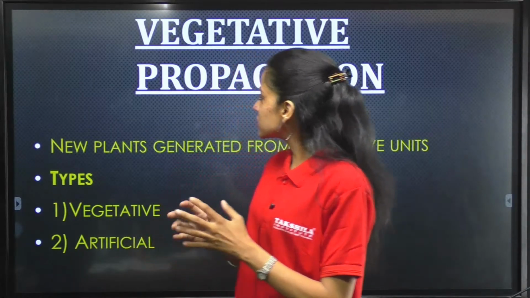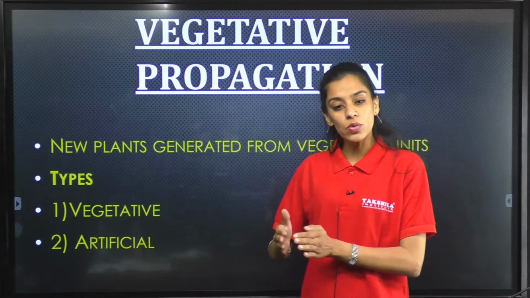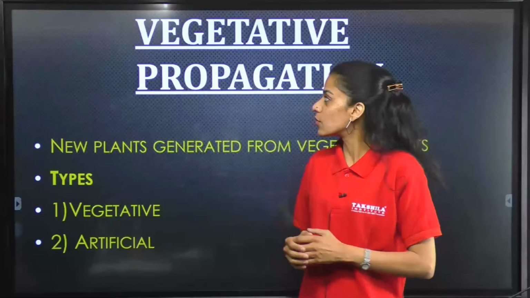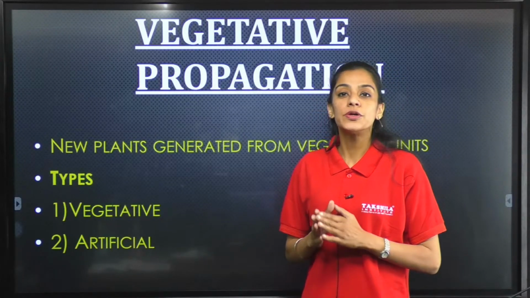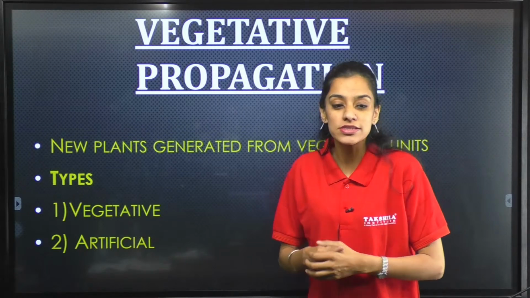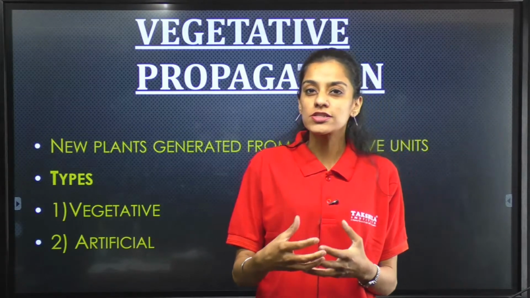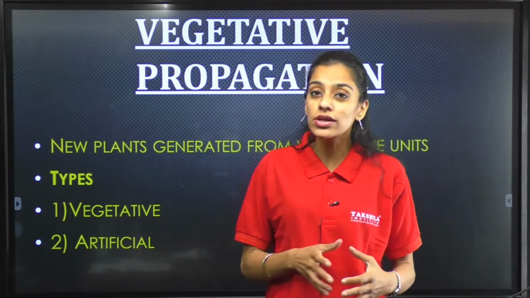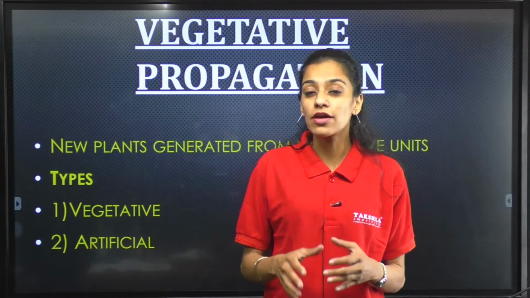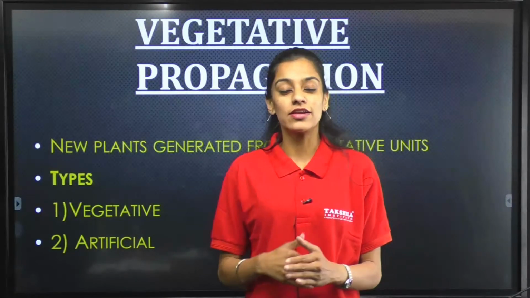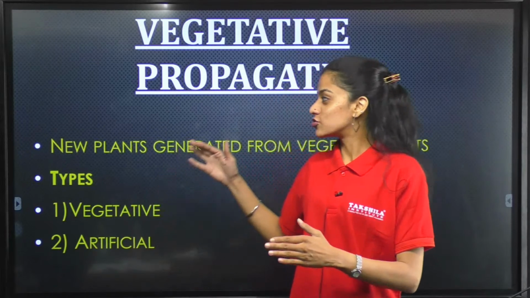Right. So the next part is related to the asexual mode of reproduction and is referred to as vegetative propagation. Vegetative propagation is considered to be just like the asexual mode of reproduction, but this is only with the vegetative parts, and therefore it is restricted to plants.